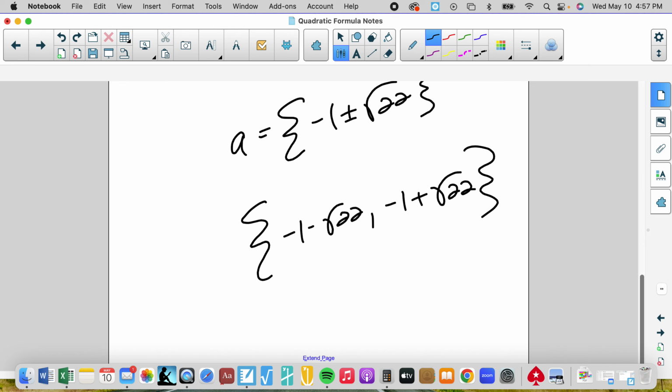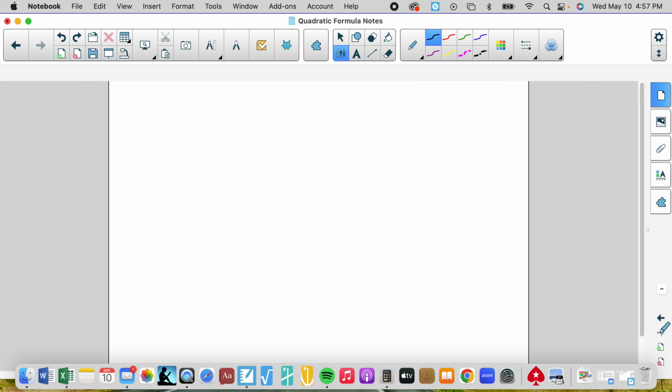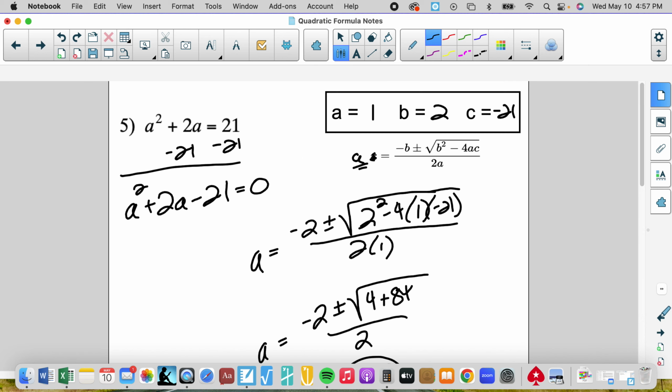Both solutions are correct. Notice it's negative 1 for both of them because that doesn't have the plus or minus. The only thing that gets plus or minus is this. That plus or minus is attached to the rad 22, not the negative 1. That's a good one. Oh, that's it? Wow, that was kind of quick and fun.